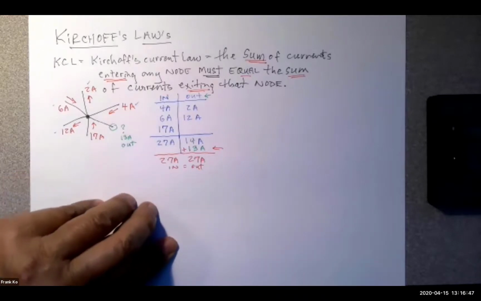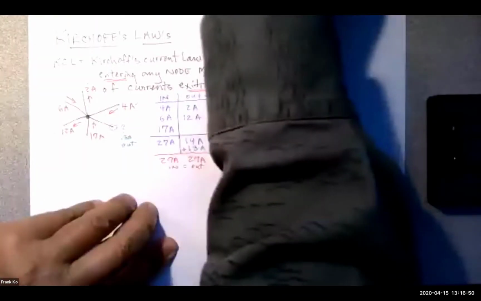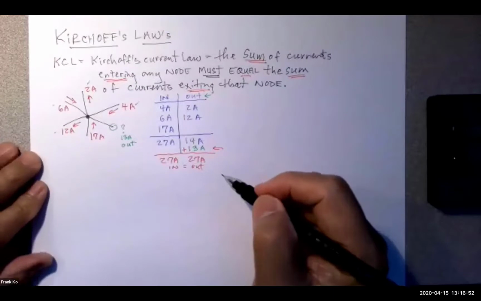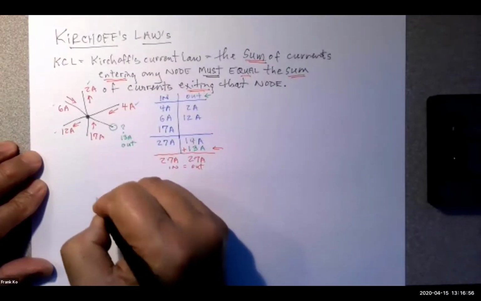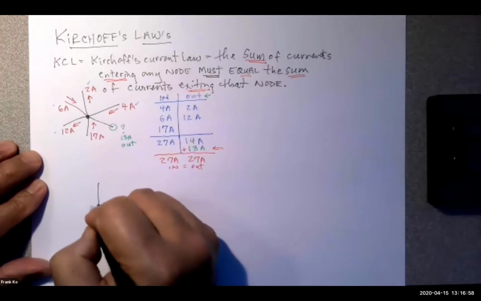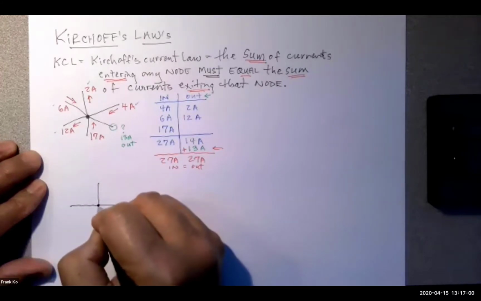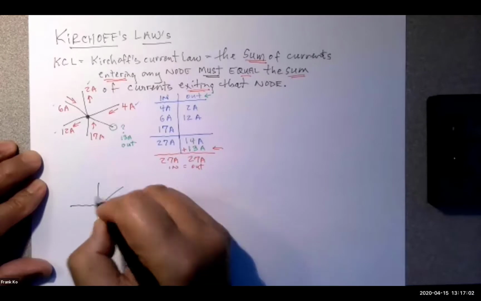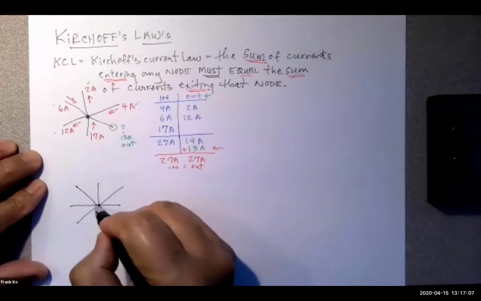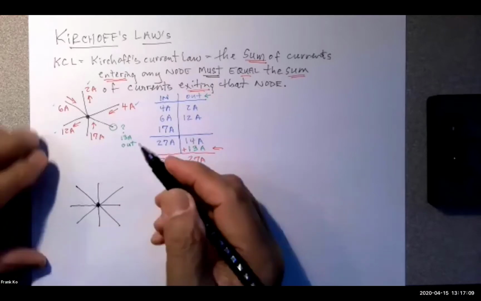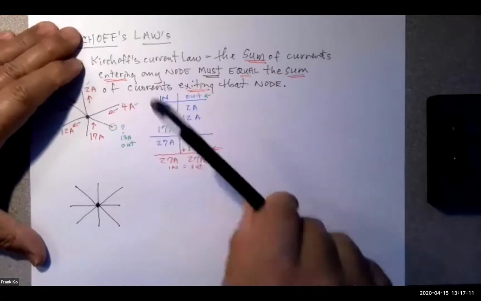I'll give you another one to think about. Let's do this one here. Suppose I happen to have a node, and here, here, here, here, here, here, here, and here. Okay, make this a rather large node. A lot of it's coming together here.